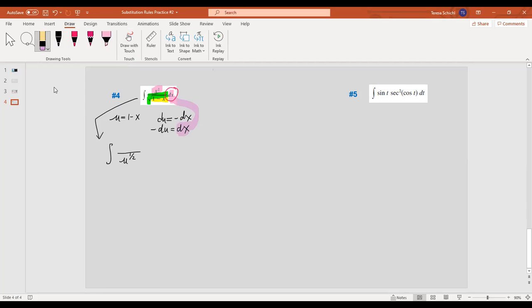This x squared cannot be included, so how do I change that to u? The dx, you can say this is negative du. That's fine. So the x squared, I need to change it to u. So how do I do that?